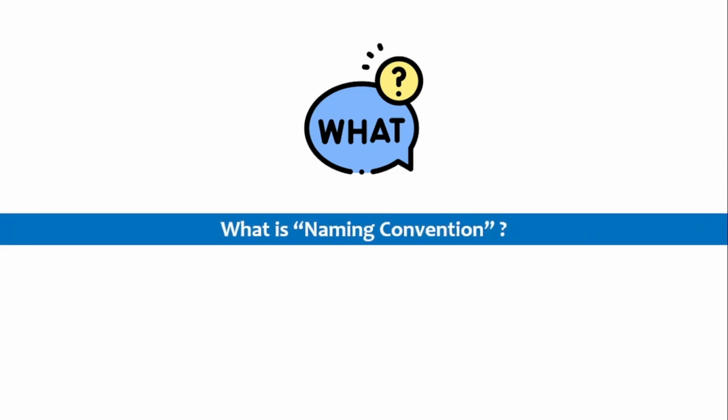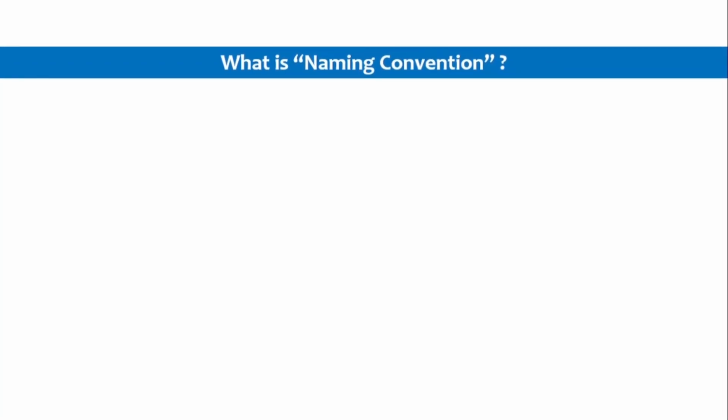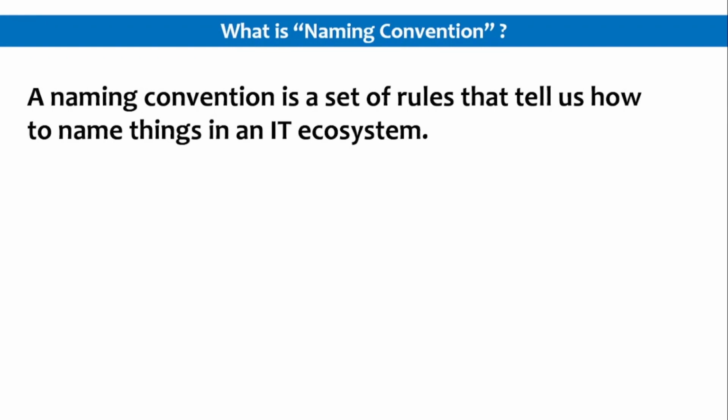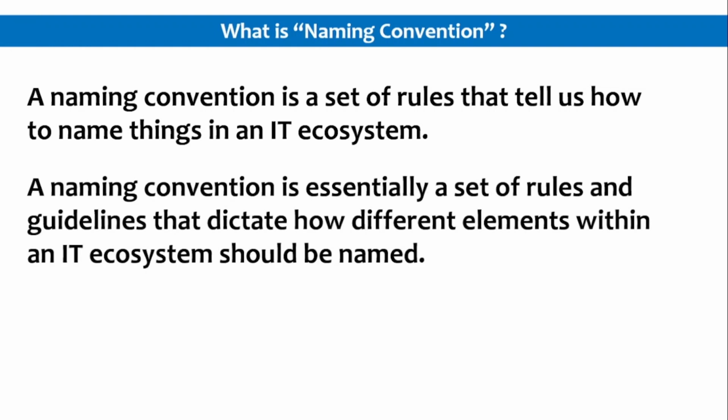So next question comes to mind, what is naming convention? A naming convention is a set of rules that tells us how to name things in an IT ecosystem. It is essentially a set of rules and guidelines that dictate how different elements within an IT ecosystem should be named.